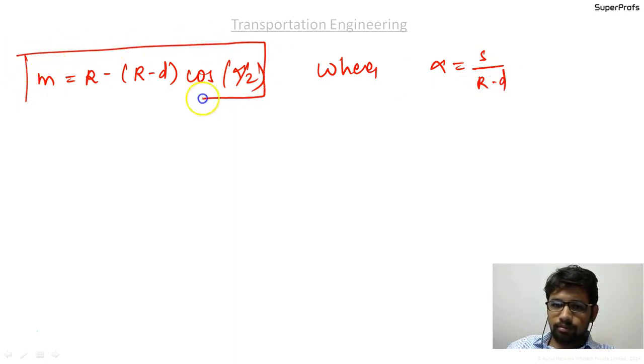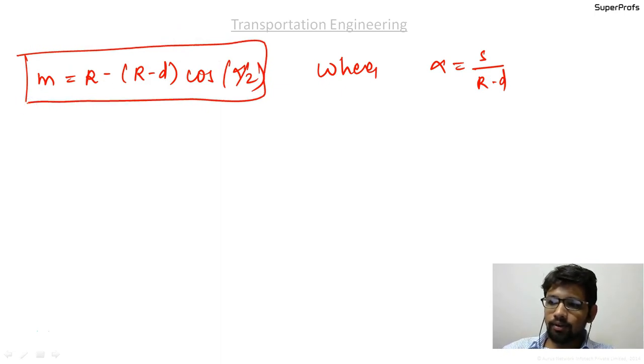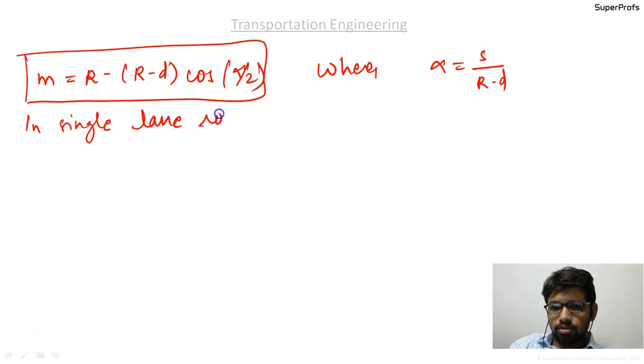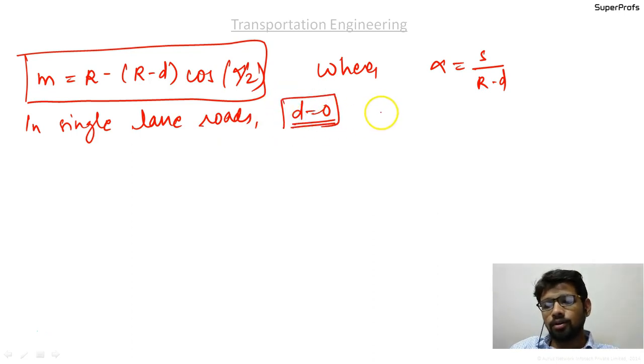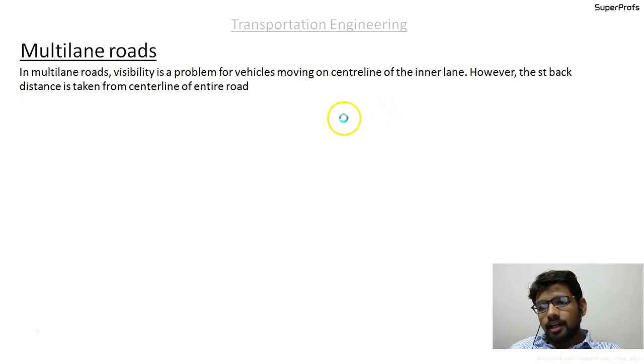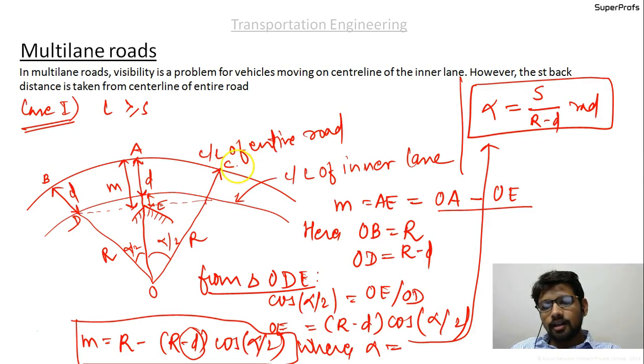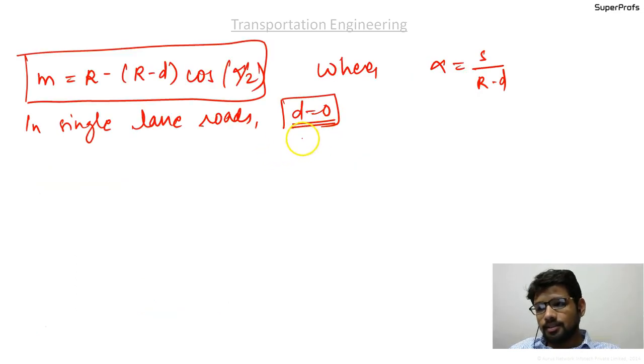In case of single lane roads, d equal to 0. Agreed? Since there is only one lane, the center line of the entire road and the center line of the inner lane are one and the same.